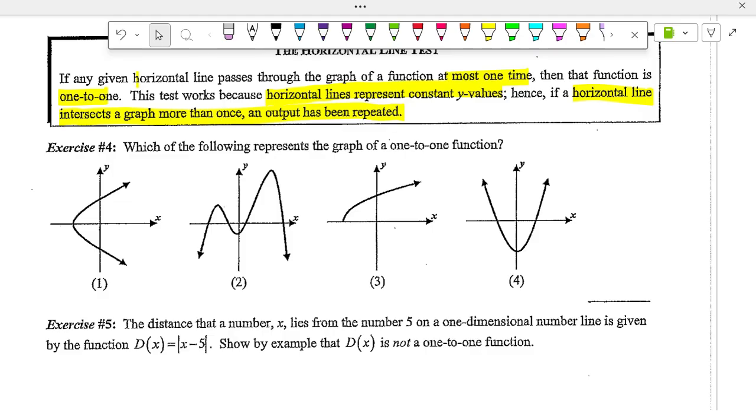So remember, start with a vertical line test. If it doesn't pass the vertical line test, it's automatically not your answer. The one-to-one has to also be a function. Thumbs up if you're ready. I'm going to give you just a couple minutes.